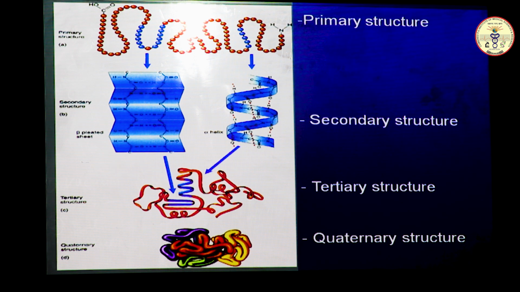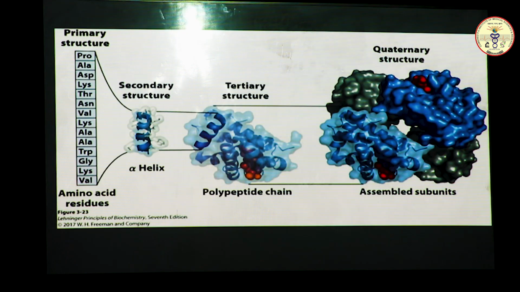Then we have the secondary structure, which can be an alpha-helix, a spiral helix, and beta-pleated elongated sheets. A protein folded into a 3D conformation is known as the tertiary structure. Then more than 2 polypeptides joined together is known as the quaternary structure.